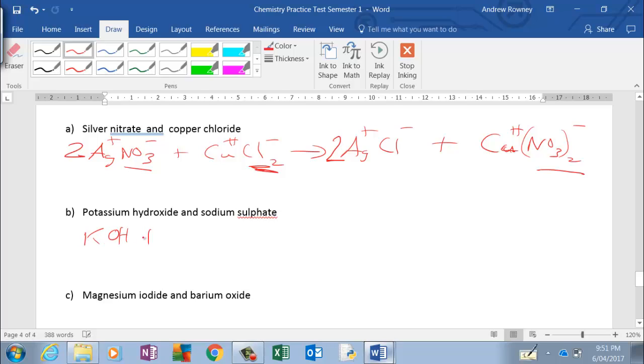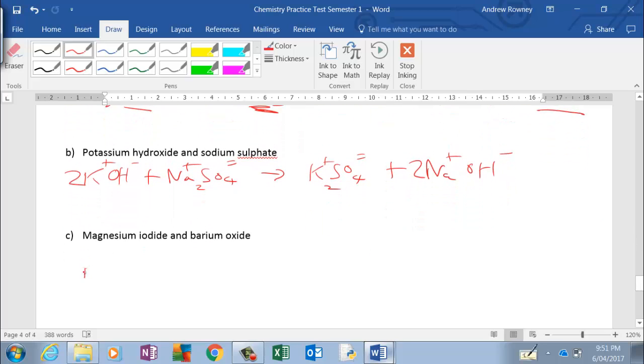Potassium hydroxide, sodium sulfate, and that gives potassium sulfate plus sodium hydroxide, because that's plus double minus, plus minus, plus double minus, plus minus. To balance it we need 2 Ks, and we need 2 there, and that's all good.